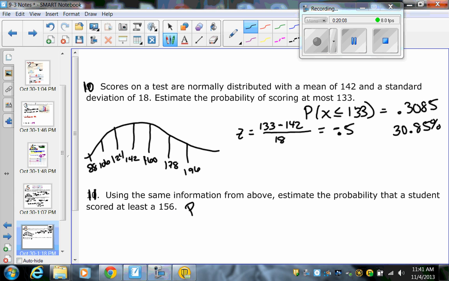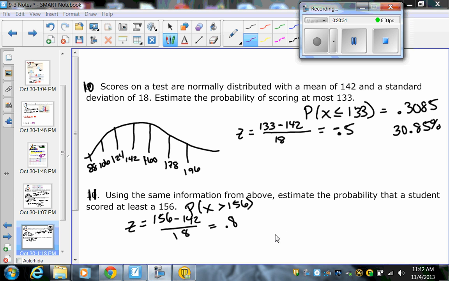So that's asking for the probability that a student scored at least, which means greater than 156. So if we look at our chart, 156 is not on there, so we're going to find the z-score. So z equals 156 minus 142 divided by 18, rounded to the nearest tenth becomes 0.8.